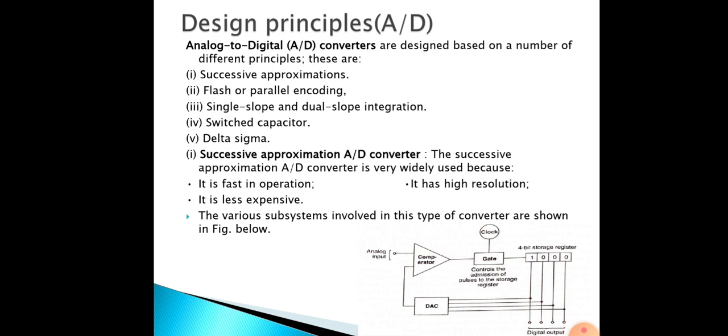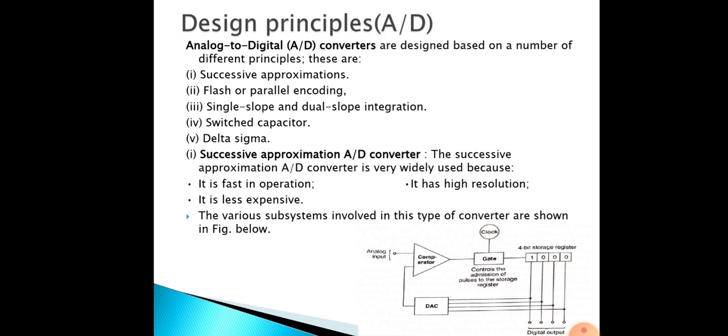Analog to digital converters are designed based on a number of different principles, which are: successive approximation, flash and parallel encoding, single slope and dual slope integration, and switched capacitor and delta sigma.